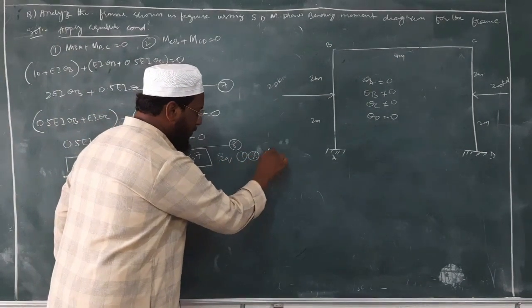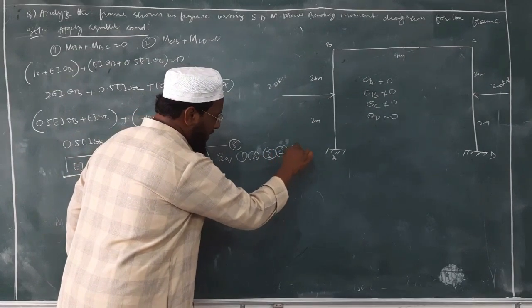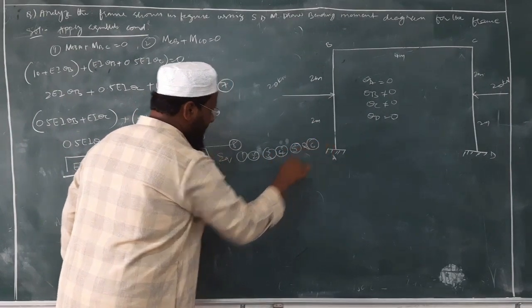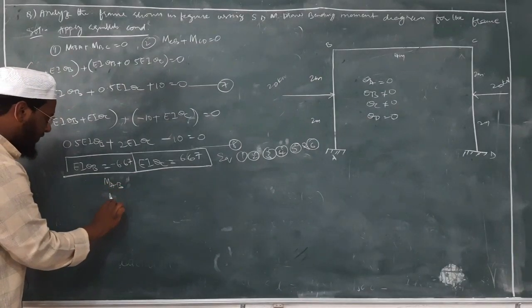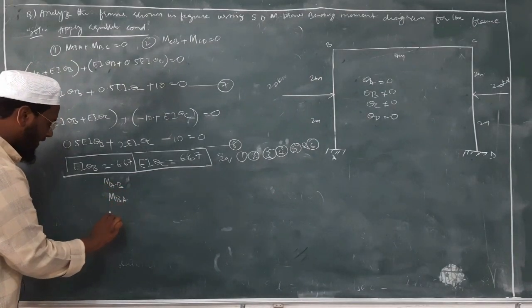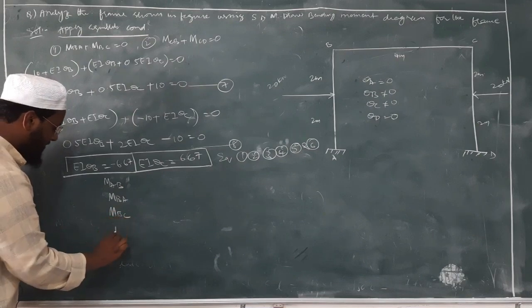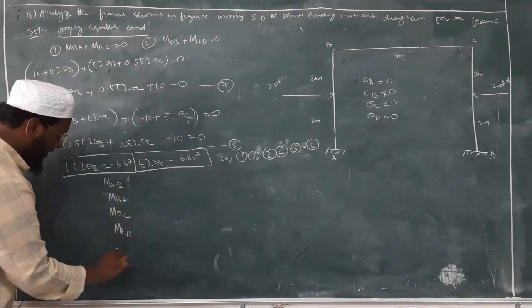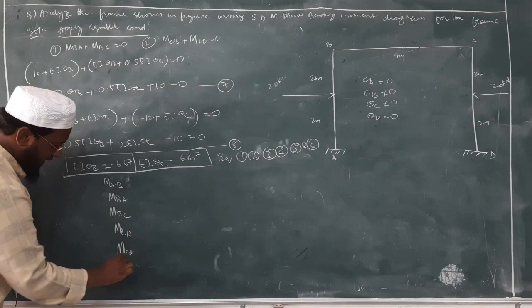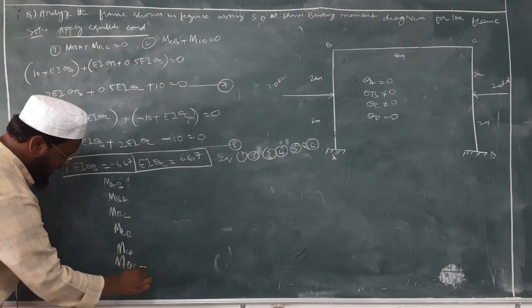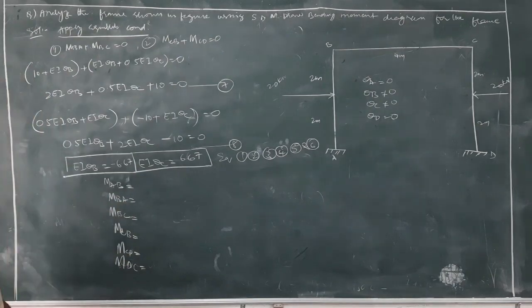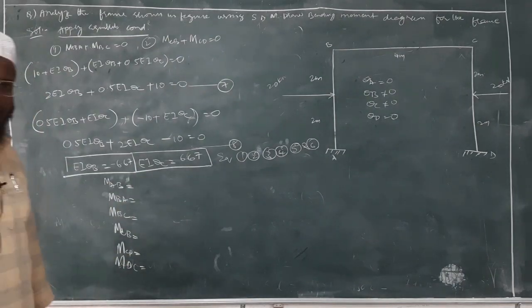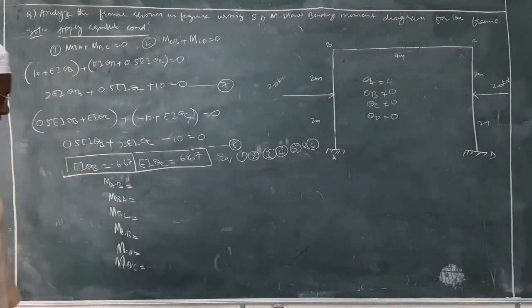1, 2, 3, 4, 5 and 6, you will get the value of MAB, MBA, MBC, MCB, MCD, then MDC, right?